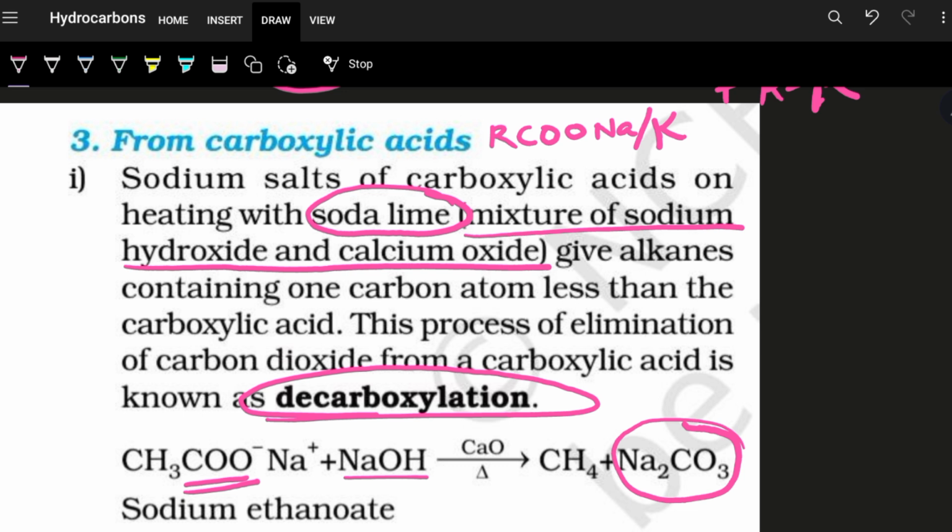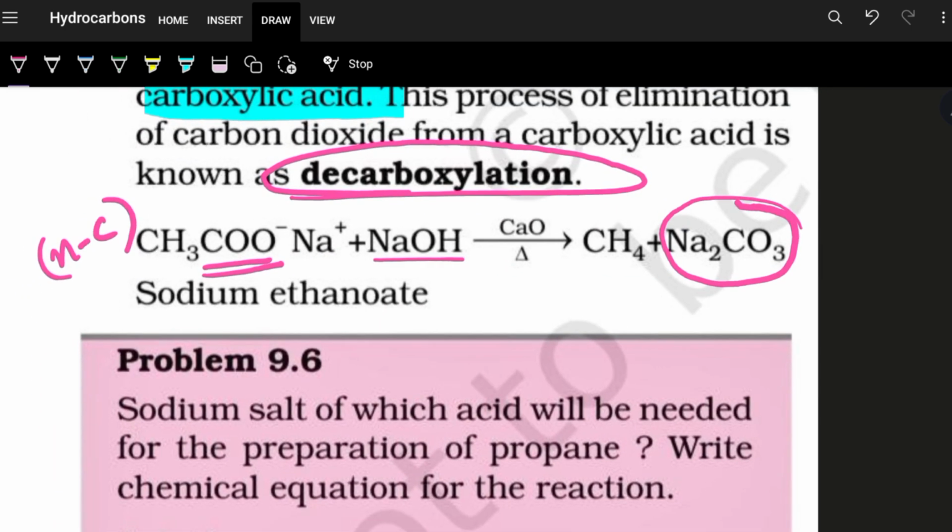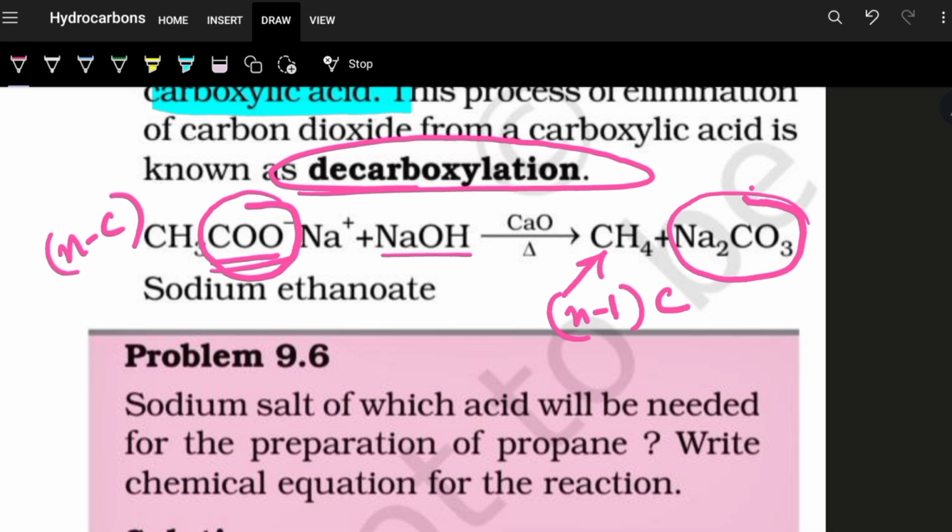When you take this, decarboxylation occurs, and you get an alkane containing 1 carbon less than the carboxylic acid. This is very essential. If I start with n carbon atoms, I will get n minus 1 carbon atoms in the product, because the carbon goes out as CO2, combining with NaOH forming Na2CO3. So the number of carbon atoms decreases.